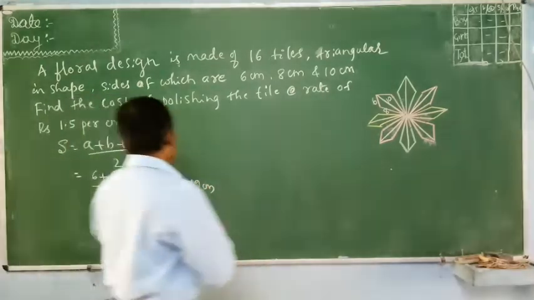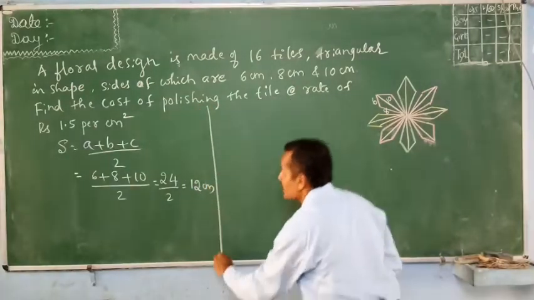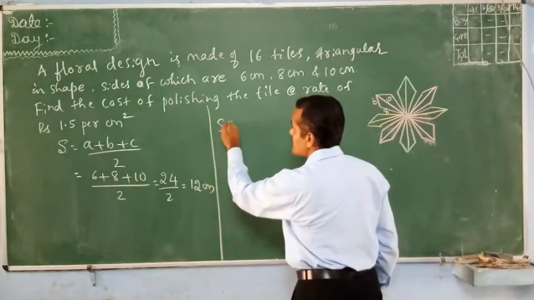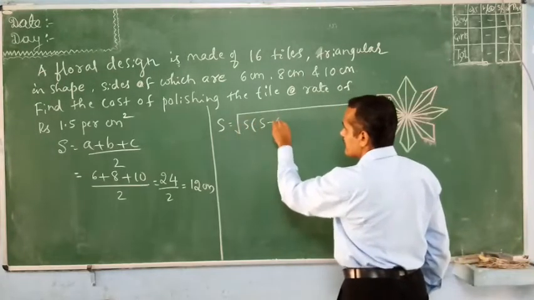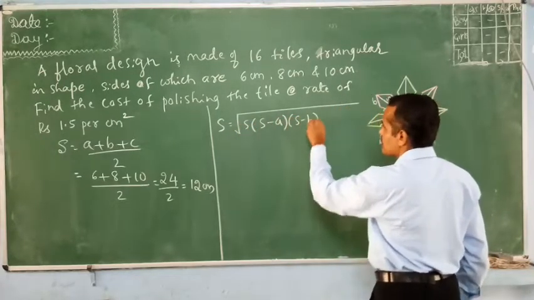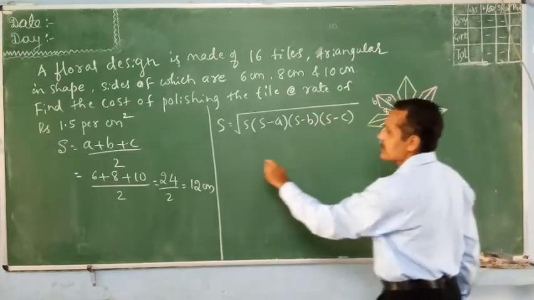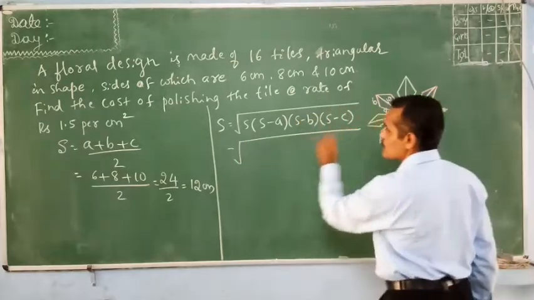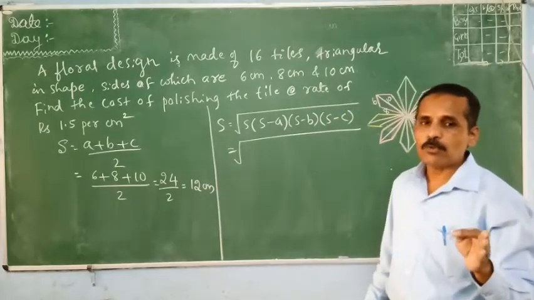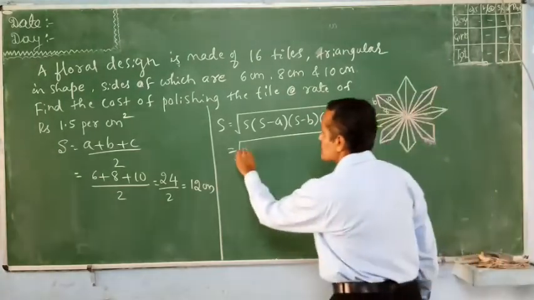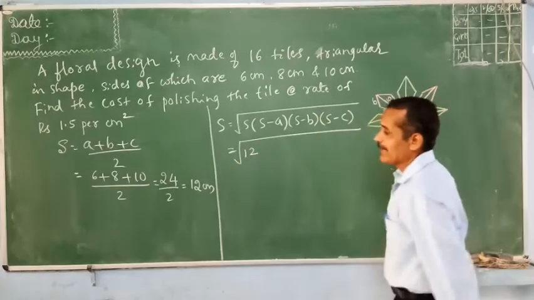This is the semi-perimeter. I can apply the formula. Area is equal to under root S into S minus A into S minus B into S minus C. Now you are very comfortable. You know how to apply Heron's formula, and accordingly you can solve the problem very quickly and accurately.